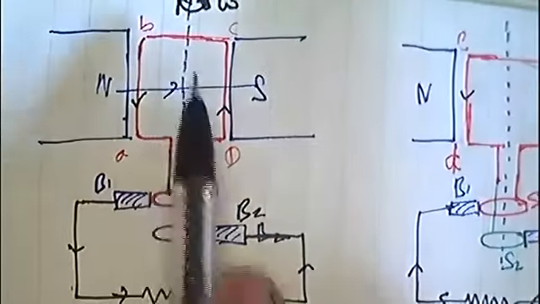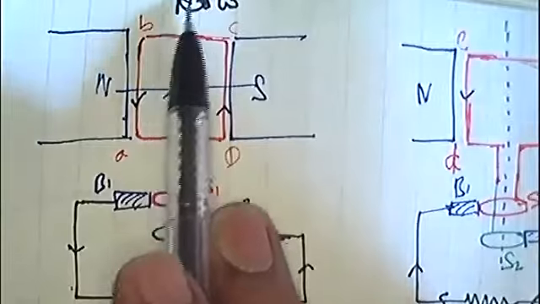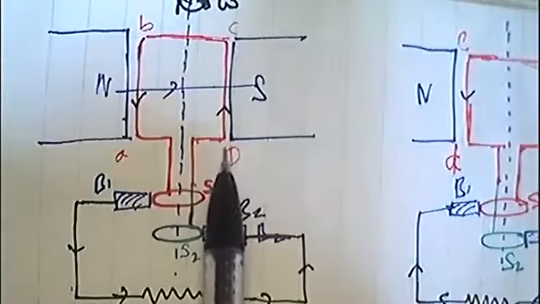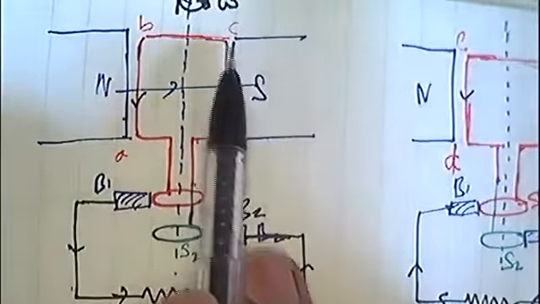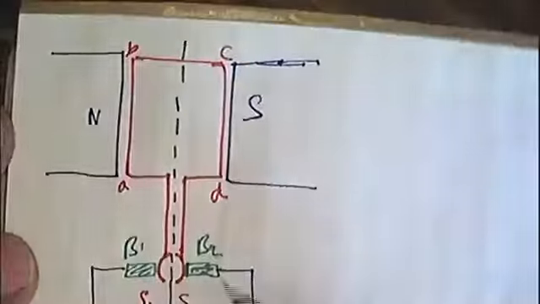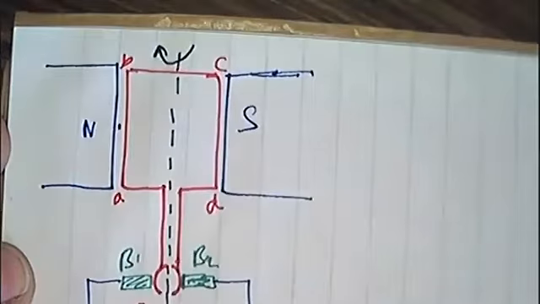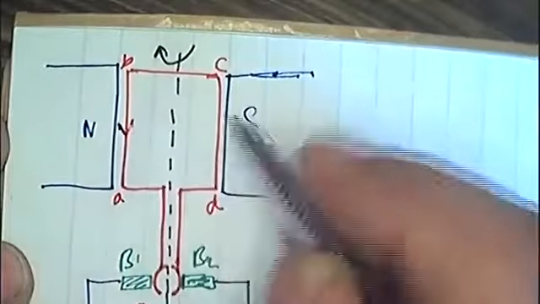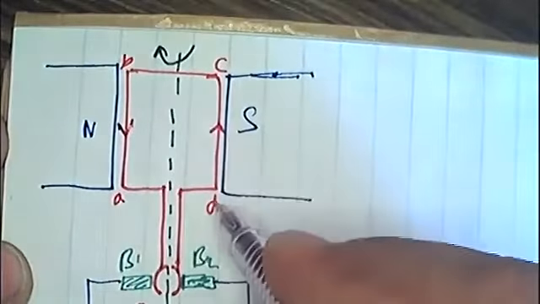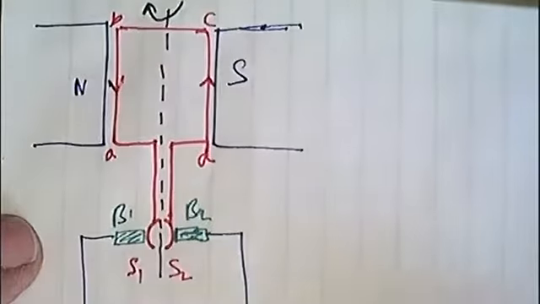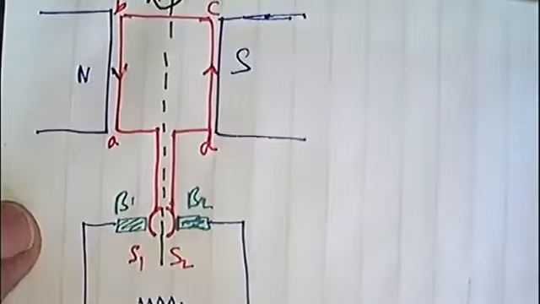Here the current is moving in one direction. The current is from B to A and current is from D to C. The direction of current is B to A, here D to C. So what will be the direction in external circuit?